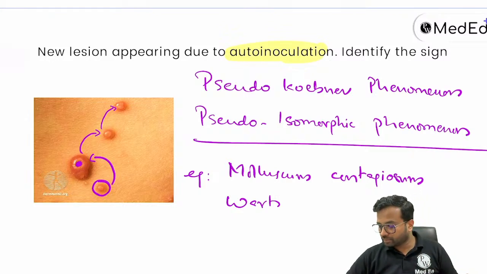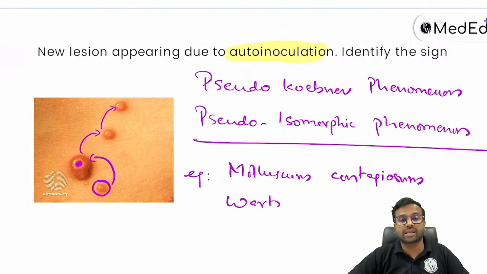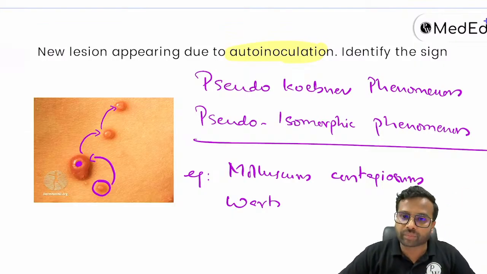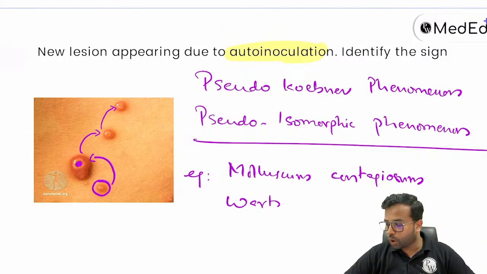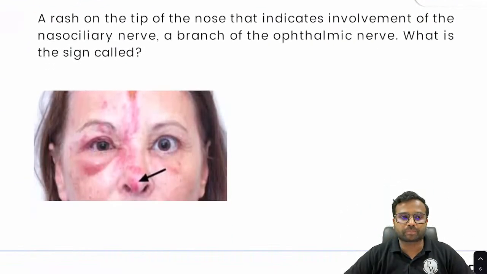Okay. So more than an immunological reaction or something that the cryptic commenter was asking, this is more likely because of a direct spread of the organism from one lesion to the adjacent parts of the skin. That is called as a pseudo 𝐒𝐿 phenomenon. Clear? So now moving to the next one.